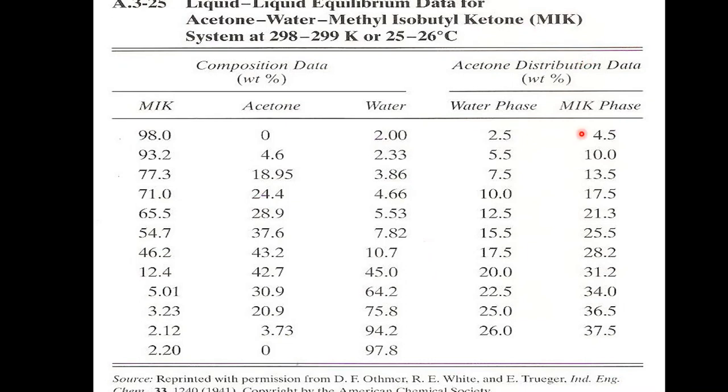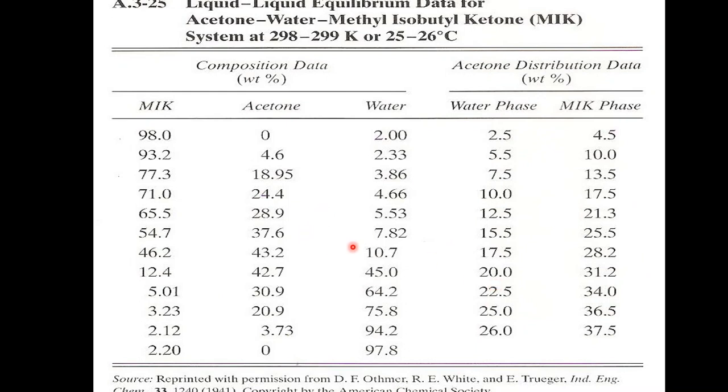This is to be treated as one set. Whereas in here you have three columns, and this will be used in constructing another graphical interpretation that goes along with this. And in here you have the composition data of acetone, water, and MIK in the system. This is for the two product phases of extraction.